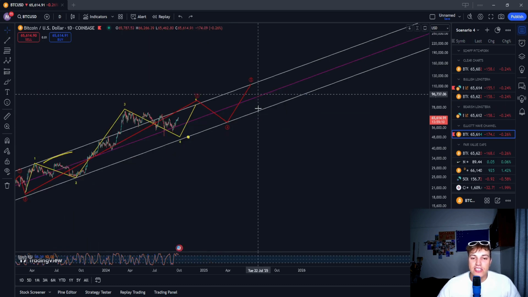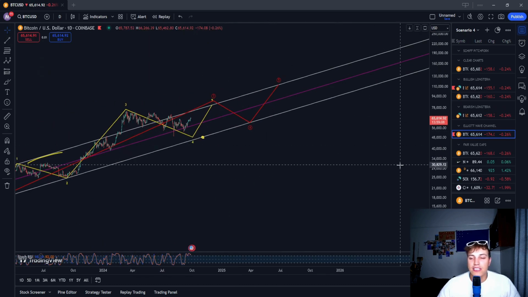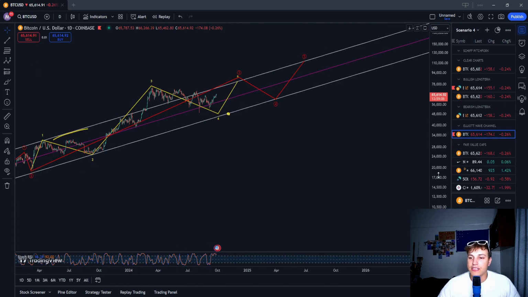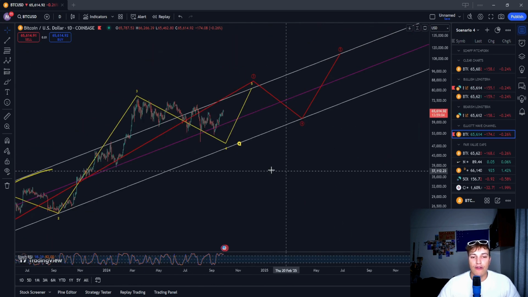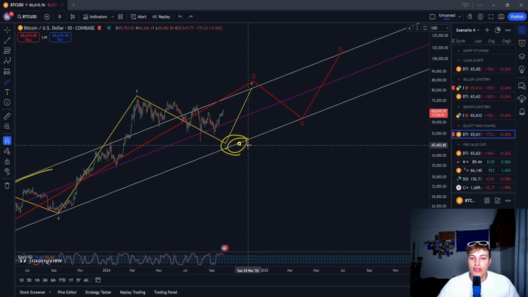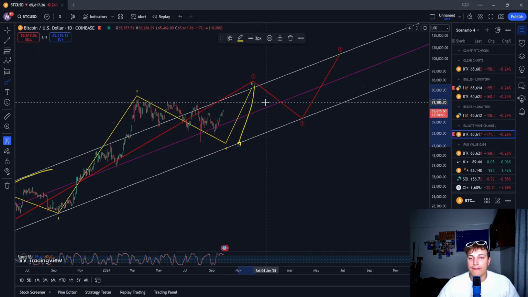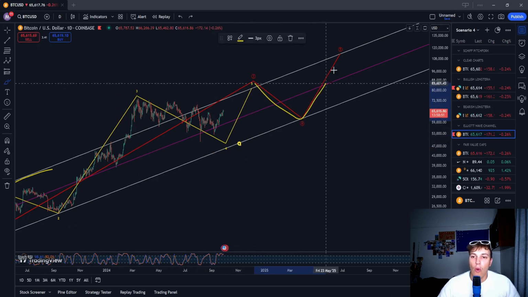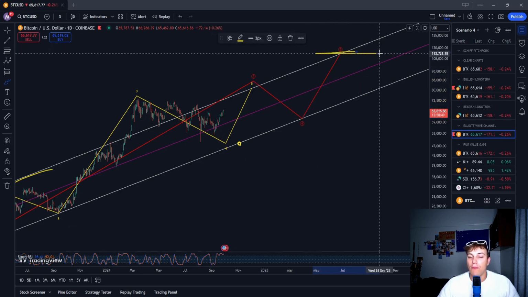So price did indeed touch the middle line twice, but I do expect price to come down to the low of this here, taking this low and touching the bottom line of this channel here before blasting off in that finished third wave, followed by a 4 and then a 5 for the bull market high.